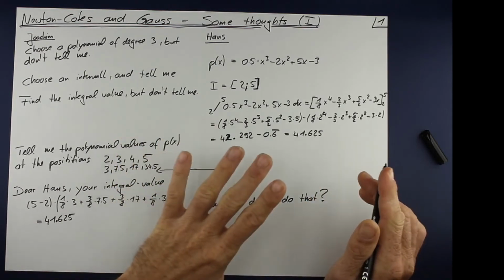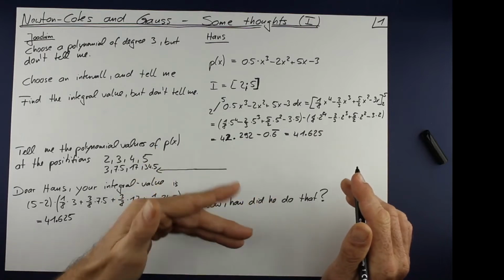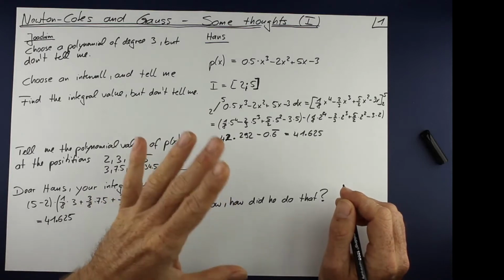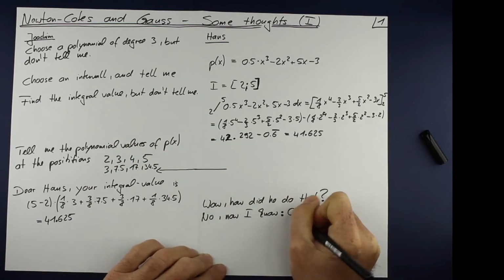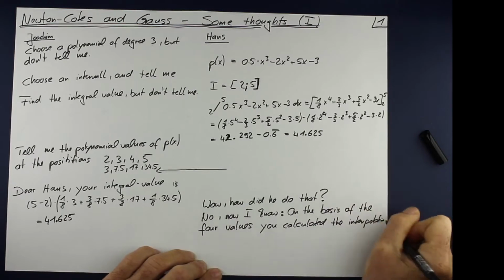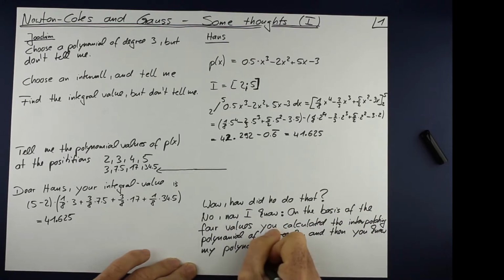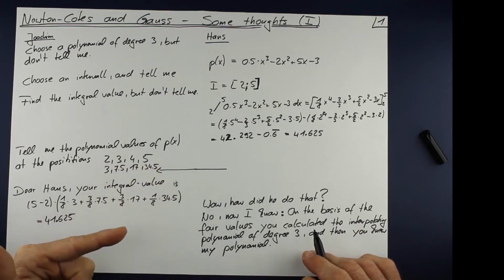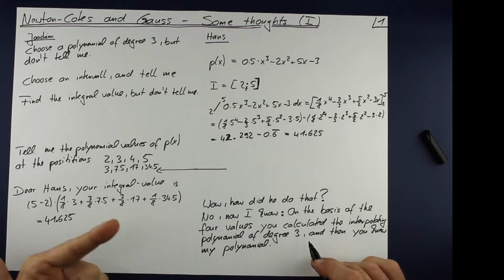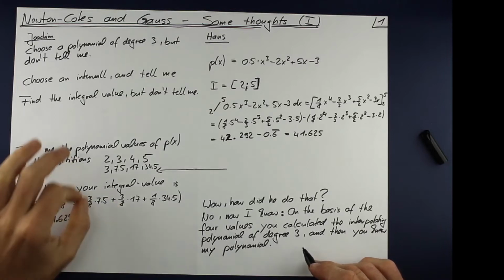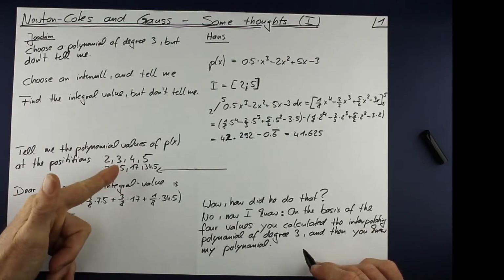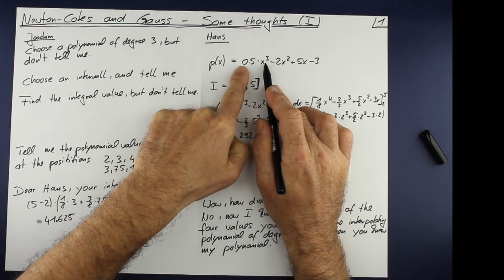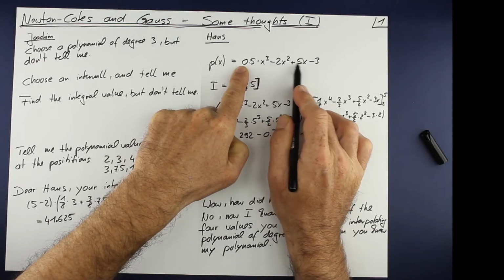But thinking a little about the situation, maybe he says, no, I'm not really surprised because if I have these four values for these four input arguments, then it's possible to calculate the interpolating polynomial of degree 3, and then I will get a half times x cubed minus 2 times x squared and so on.